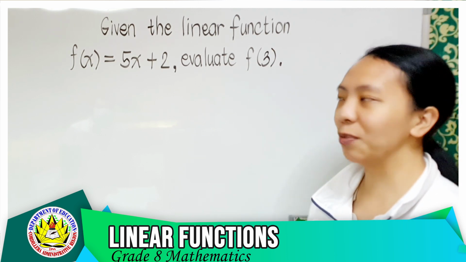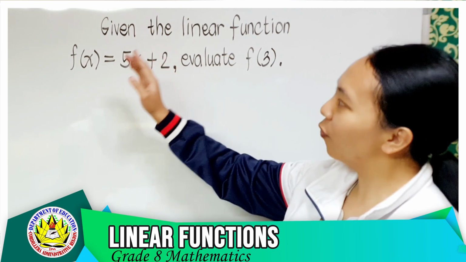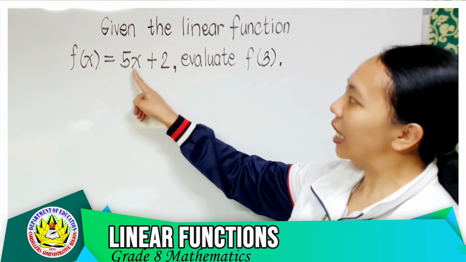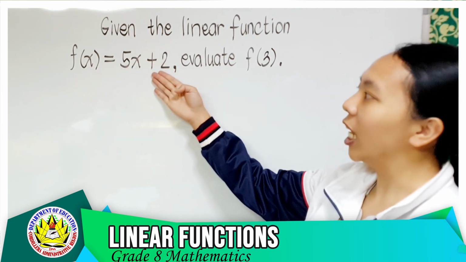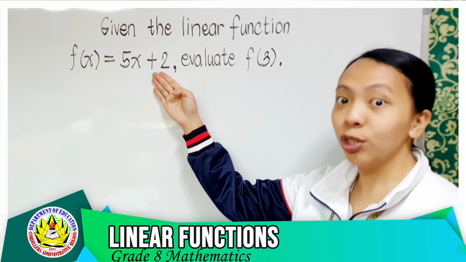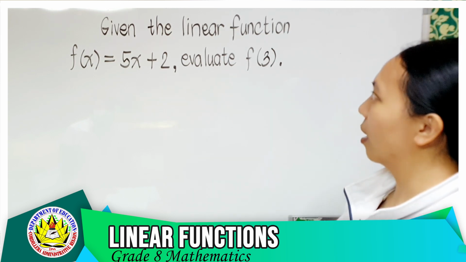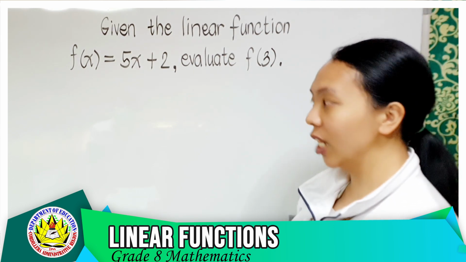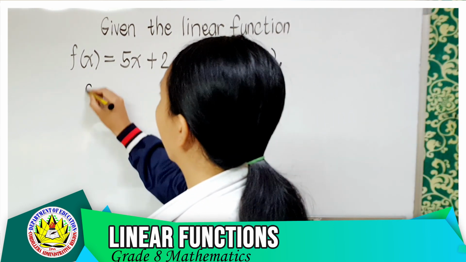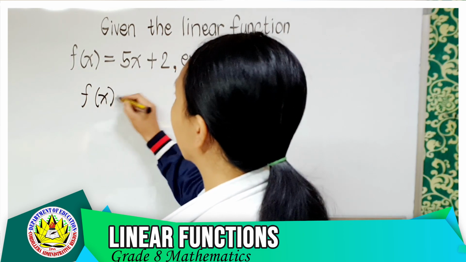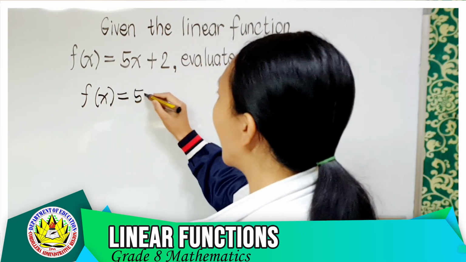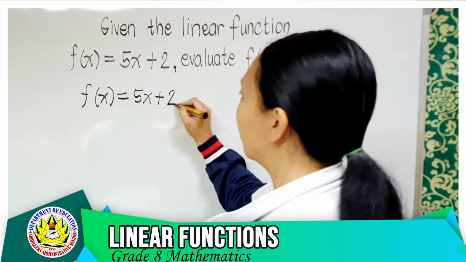Simple. Follow me. Every x in the given linear function should be substituted with 3. So in the given linear function, f of x is equal to 5x plus 2.